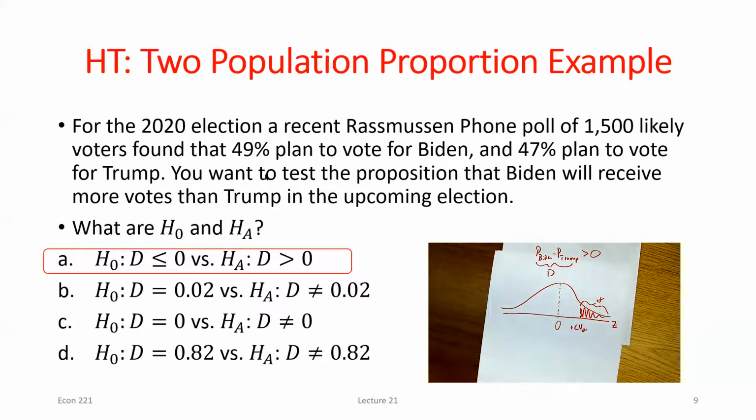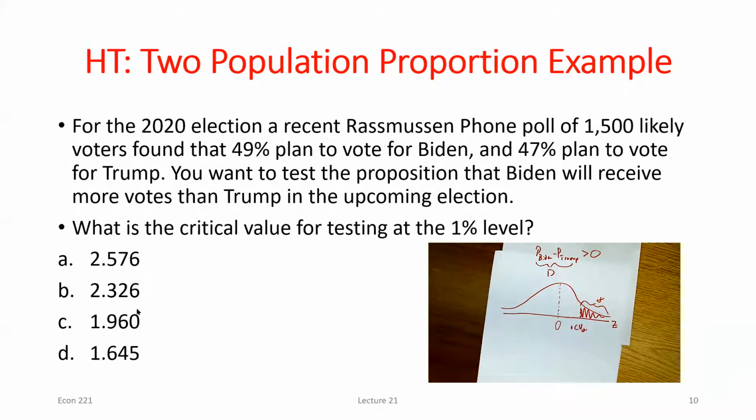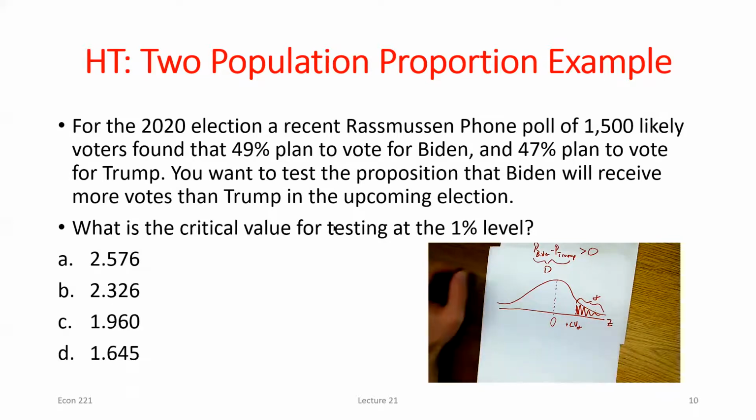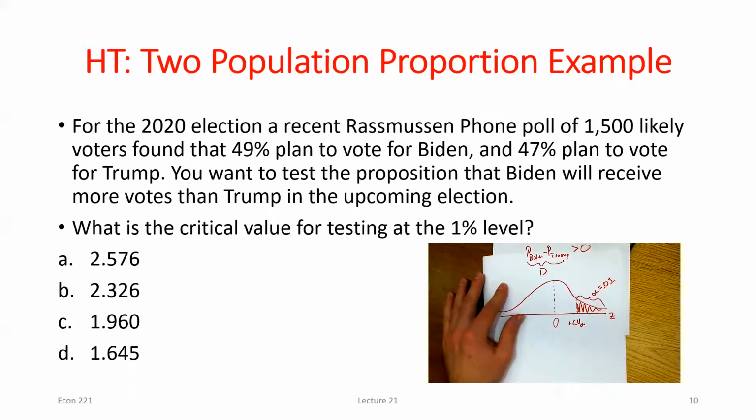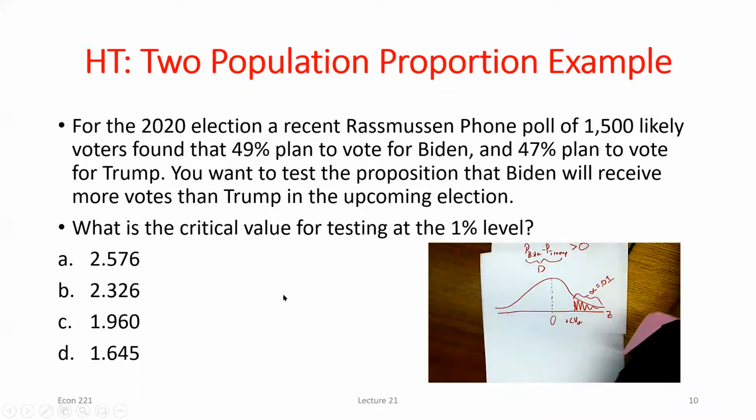Okay? So here I've only got positive. I can't rule anything out, but I want to find the critical value at the 1% level, so alpha being 0.01. So we can look things up in my standard normal table.